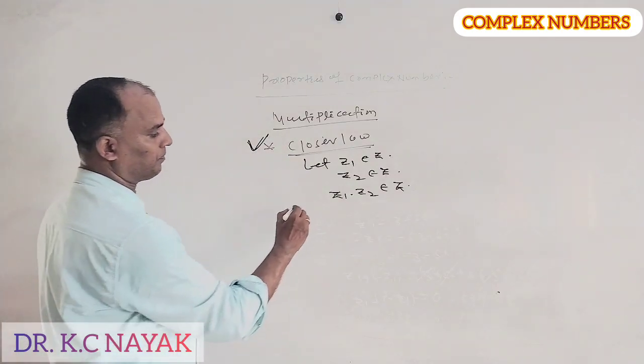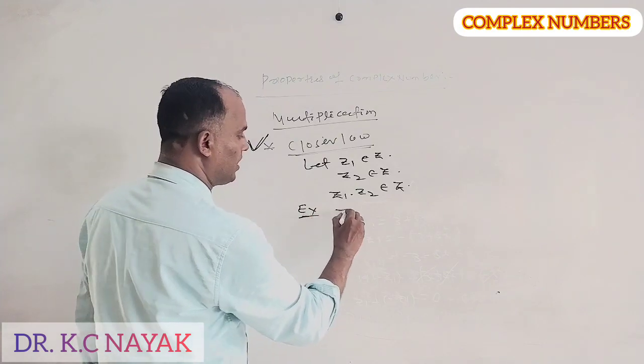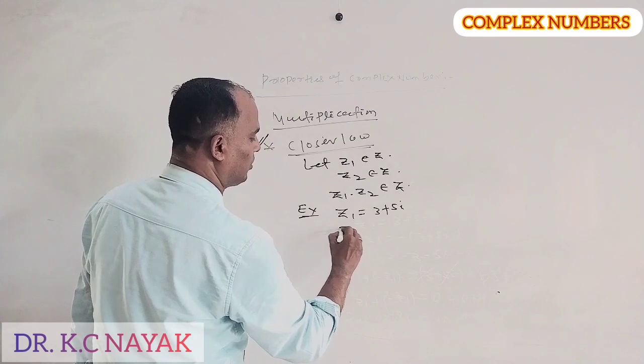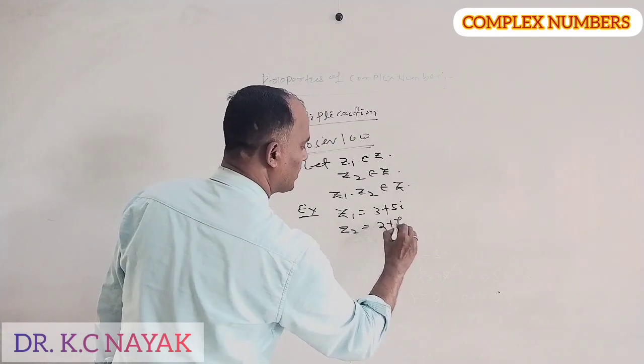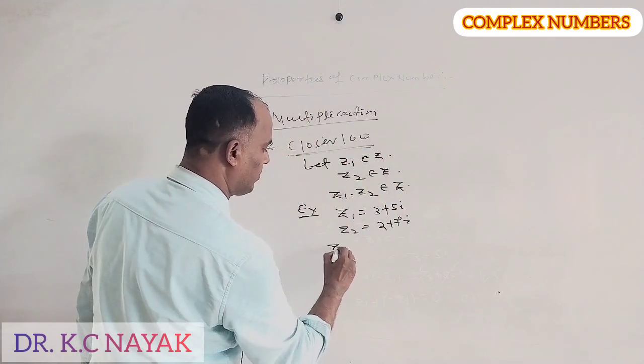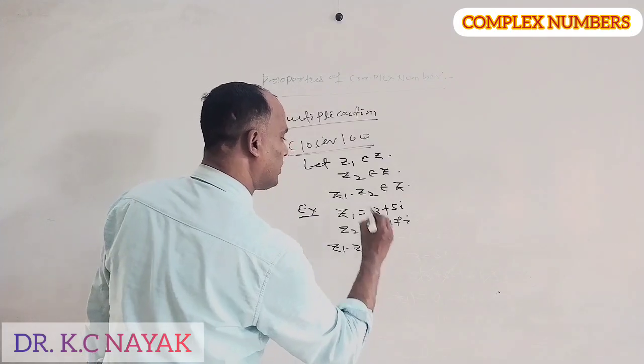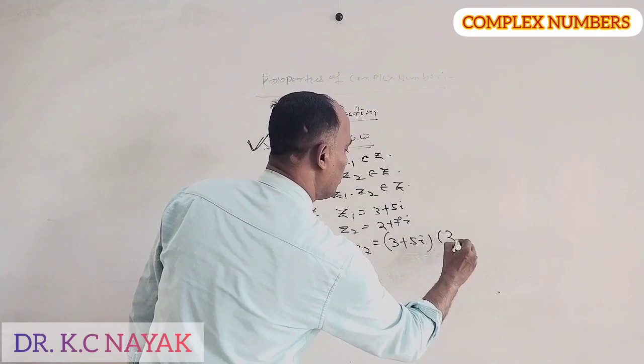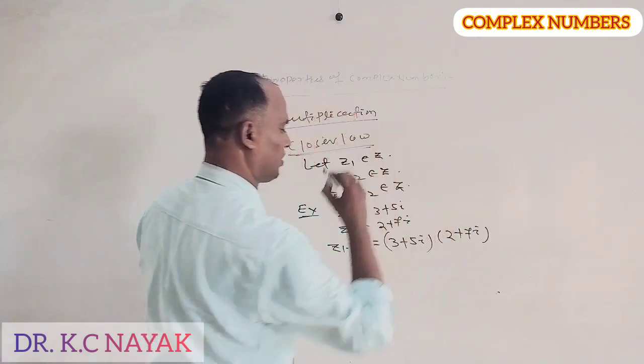For example, Z1 is equal to 3 plus 5i and Z2 is equal to 2 plus 7i. Z1 into Z2 is equal to 3 plus 5i into 2 plus 7i, right or not?